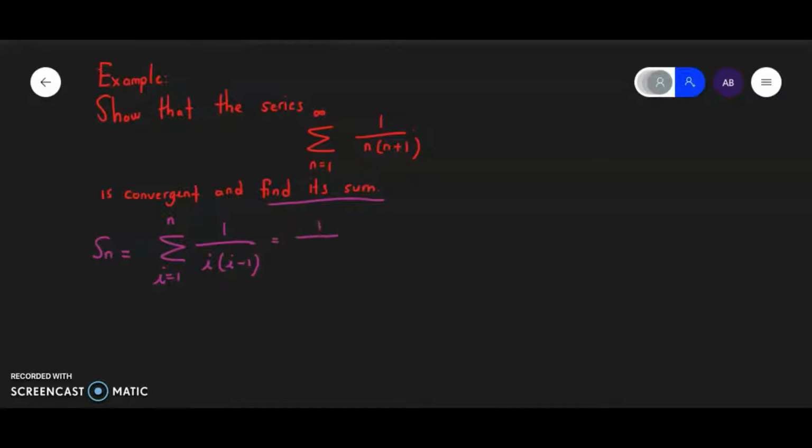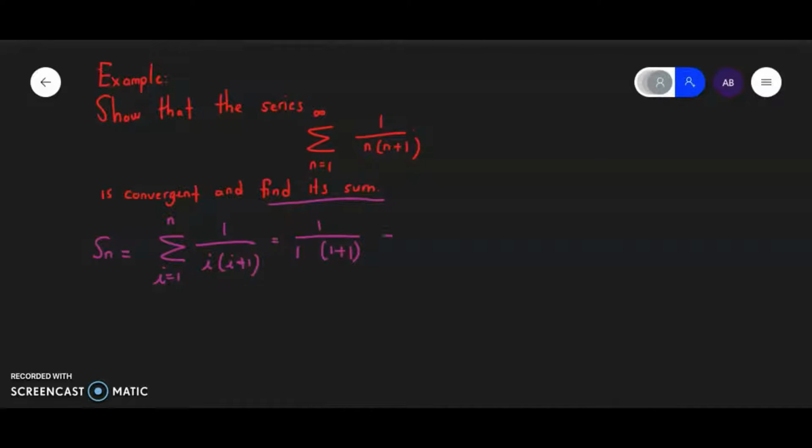Let's look at when i equals 1. Oh no, sorry, this is not minus, this is plus.